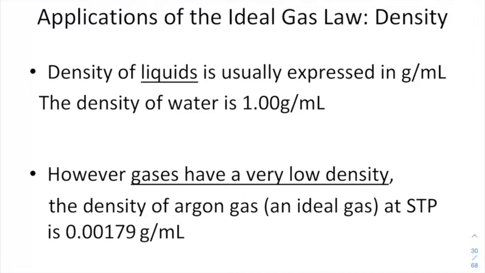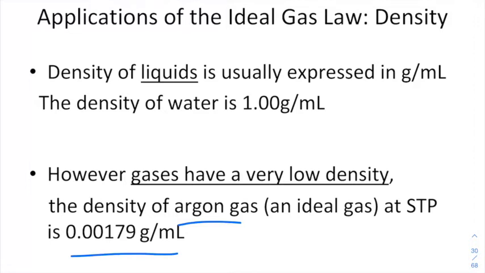So gases do have low density, and because of that, the usual units don't work very well for us. If we wanted to talk about, say, argon gas, it is about 0.00179 grams per milliliter. Now, if you're in the lab and you're trying to work with your data, that's just not very convenient. If your thing is gases, you don't want these really small numbers.